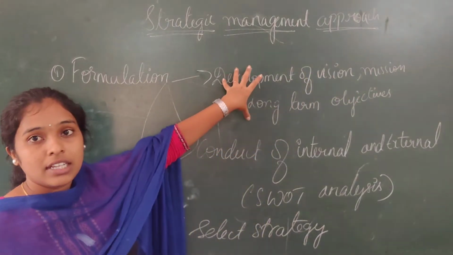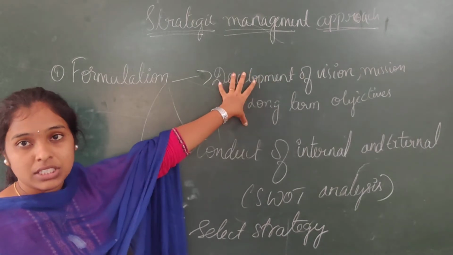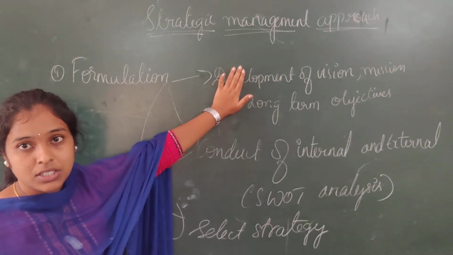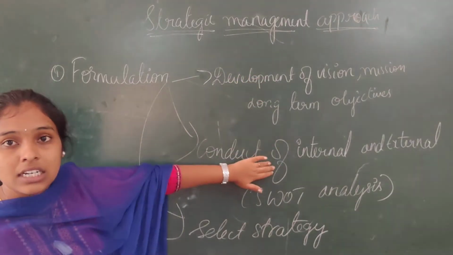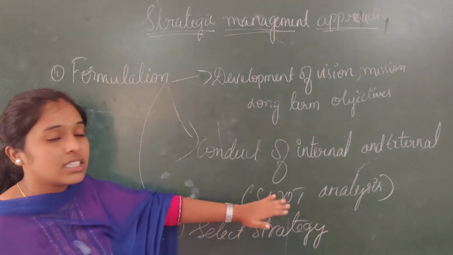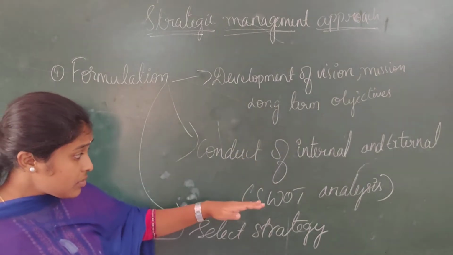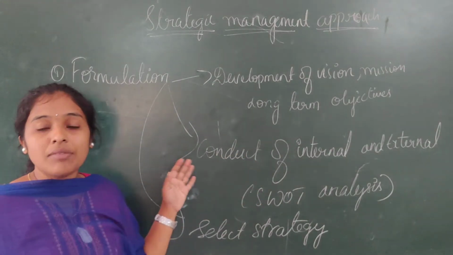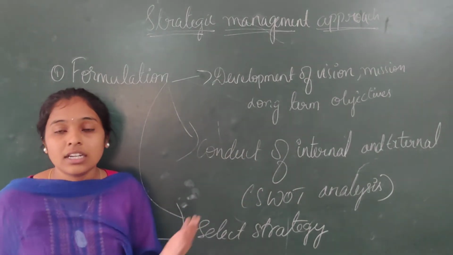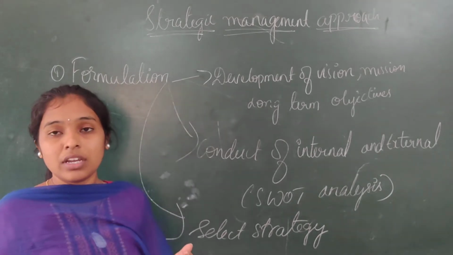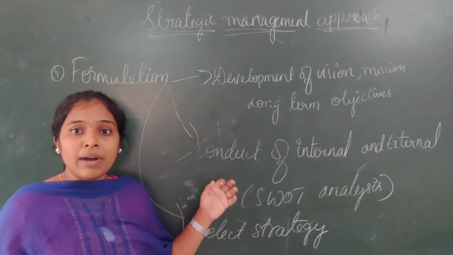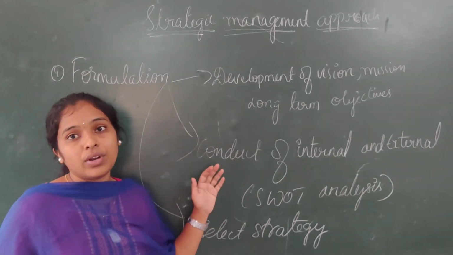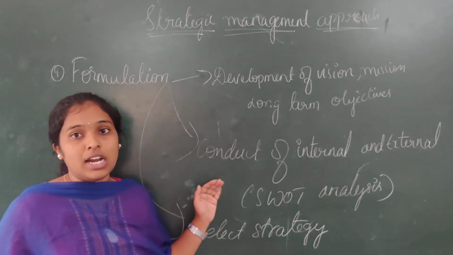Clear? So here we need to develop our plans, objectives and goals, and use some strategies. And in this, conduct internal and external analysis, like SWOT analysis, knowing internally and externally the strengths and weaknesses and opportunities and threats is also important. And in this also we are going to implement our strategies.